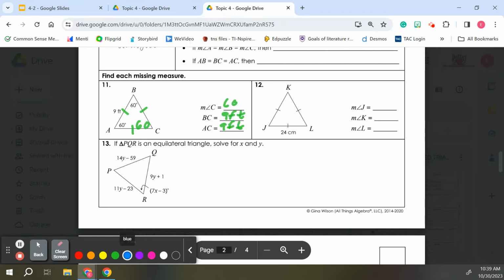All right, now for 12, they're saying all the sides are equal. So that means all the angles are equal, and that means all the angles are going to be just 60 degrees. There is nothing more to do there.